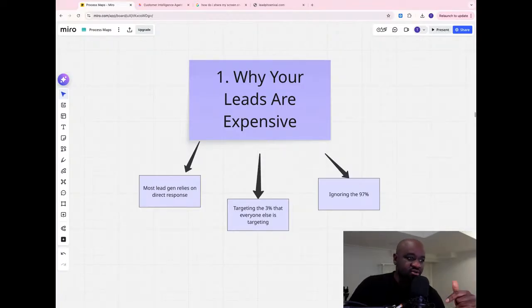Tap here now and fill out this form, right? What that does is it targets the 3% that everybody else is targeting. It's like fishing in a red ocean. It's going to be expensive. And this messaging ignores the 97%, the other people who are easier to target, easier to reach.